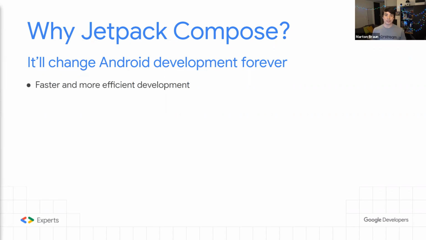Most importantly, perhaps, it offers faster and more efficient development. It, of course, has some learning curve because every new technology does, but it's relatively intuitive once you get some of the core concepts down. And after that, there are a lot of things that you can simply discover by writing Compose code and using things like auto-completion.